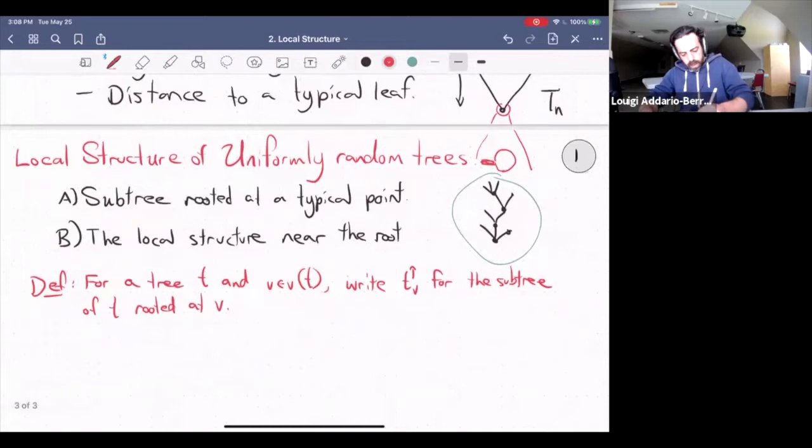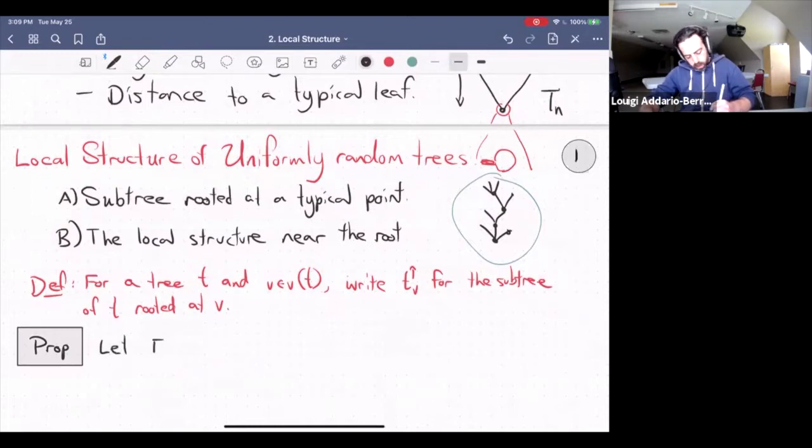Okay, and so we can immediately describe the distribution of this using the tools we already have at our disposal. So when this tree T is a large uniformly random tree, we'll let capital T be the large random tree.